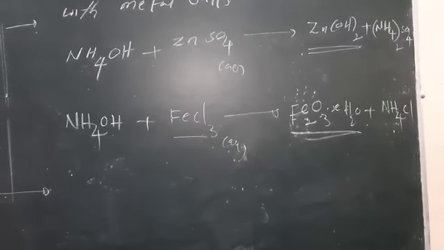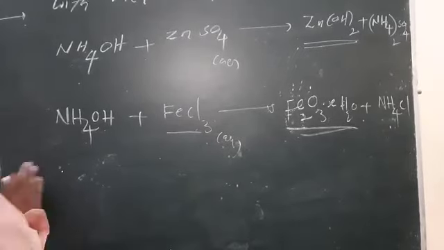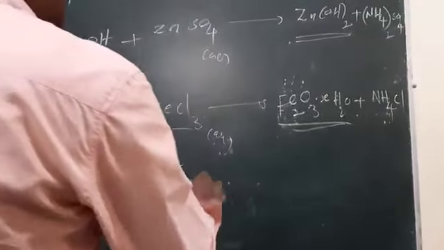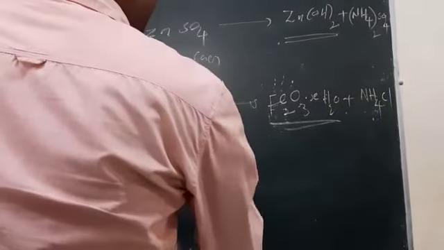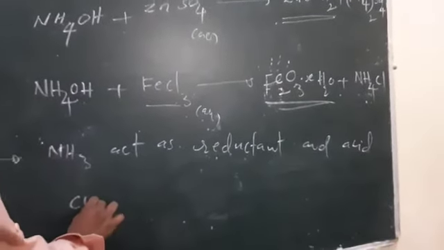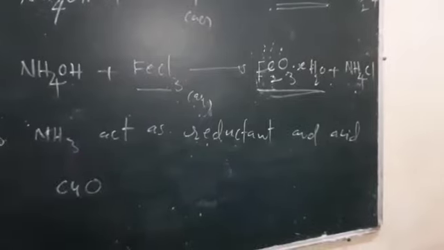Ammonia acts as a reductant in some cases. For example, cupric oxide, copper in the plus 2 oxidation state.